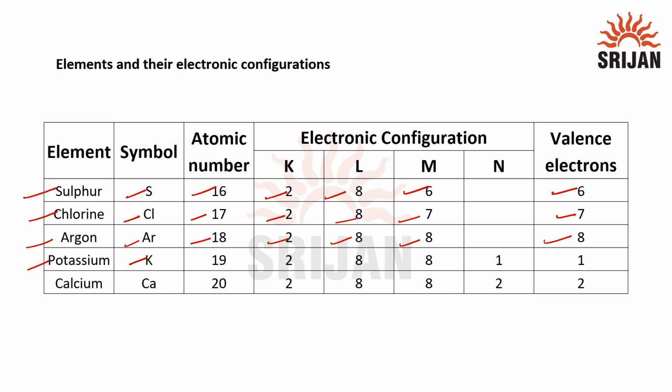Symbol is K. Atomic number is 19 and electronic configuration is K2L8 M8 N1. Since N is the outermost shell, valence electron is 1. Next is calcium. Symbol is Ca. Atomic number is 20. Electronic configuration is K2L8 M8 N2 and valence electrons are 2.